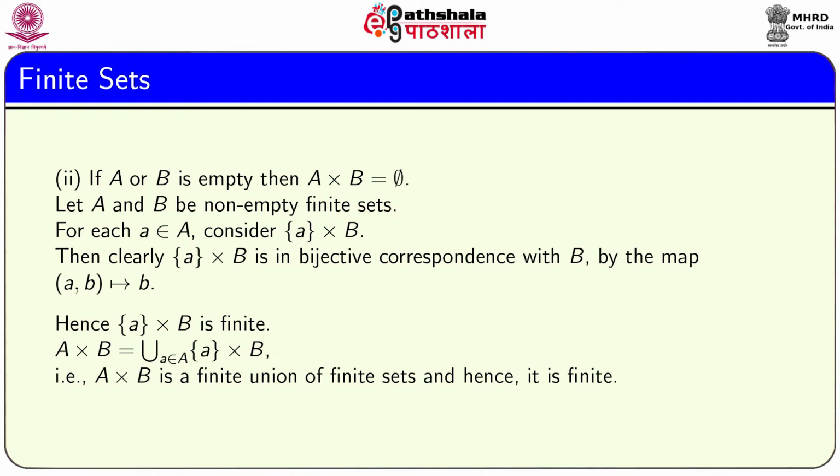So, the set singleton a cross B is finite, and hence we write A cross B as the union of singleton a cross B, where the union is taken over all the members of capital A. Now, since capital A is a finite set, this is actually a finite union of finite sets, and therefore, by the previous corollary, A cross B is finite.